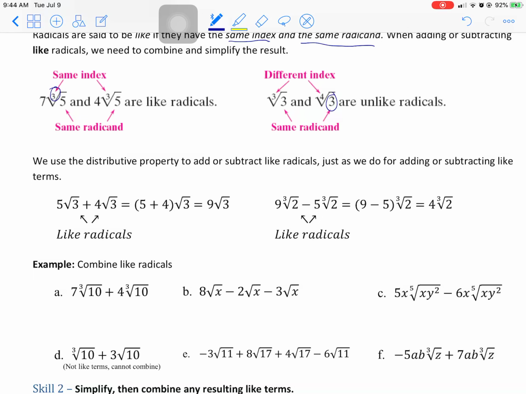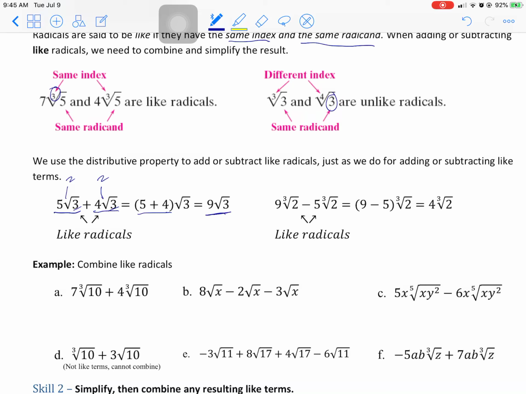So, for example, you have 5 square root of 3 and 4 square root of 3. They have the same index of 2, right? They have the same radicand of 3. Therefore, we are allowed to add the numerical coefficients together, and that's my new term.